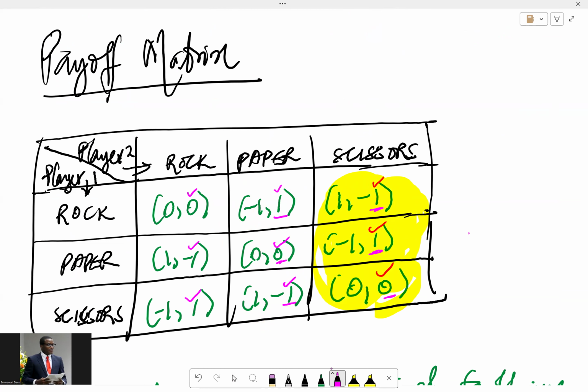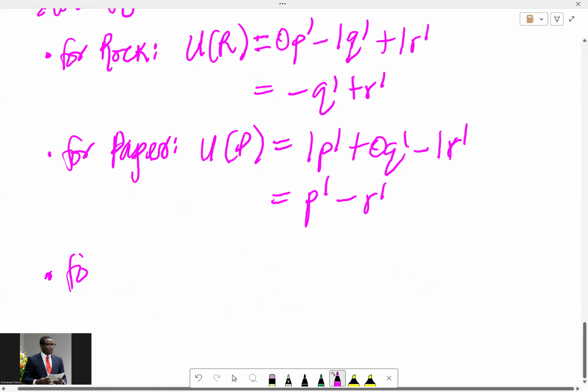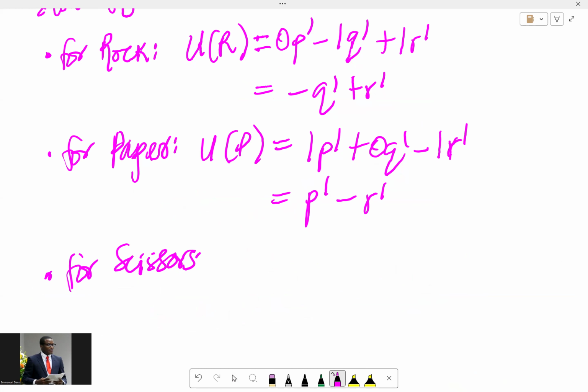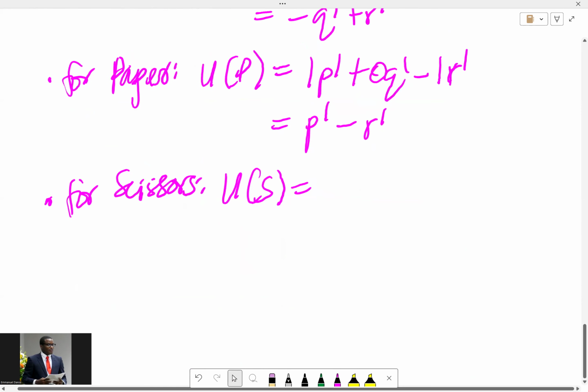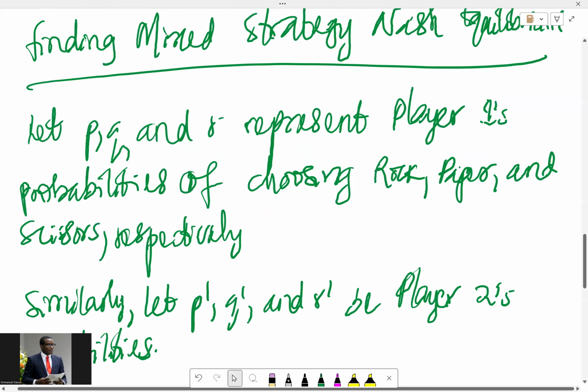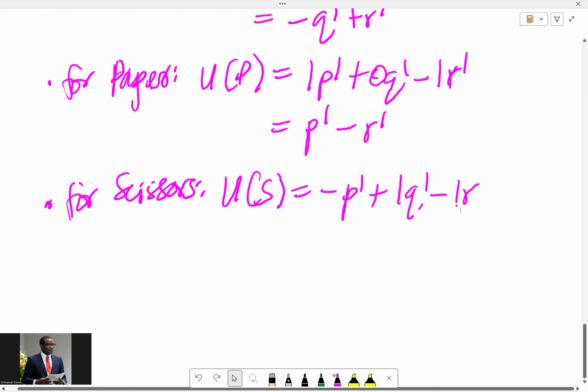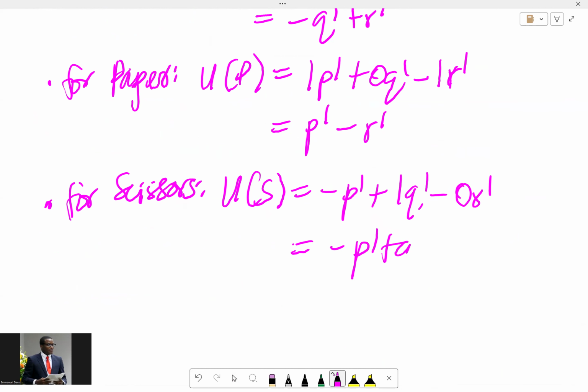So the expected payoff for scissors would be -1 P prime plus 1 Q prime plus 0 R prime, meaning we have minus P prime plus Q prime for scissors.